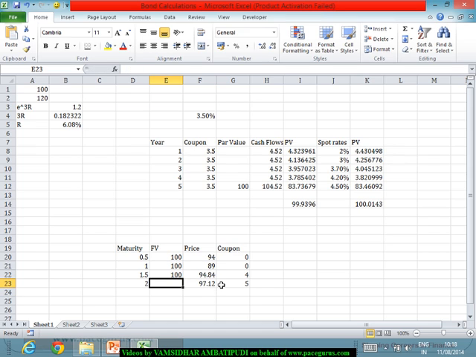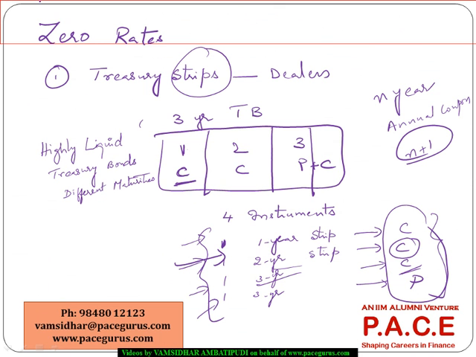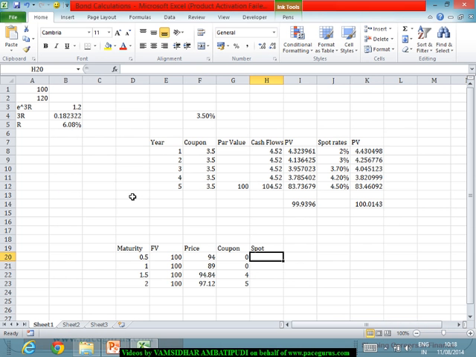Now from here, how do I compute a 0.5 year spot rate, a 1 year spot rate, 1.5 years and 2 year spot rate? Initially we'll start with the first one. It's a 6-month treasury bill, no coupon.